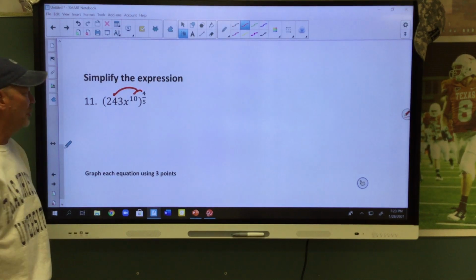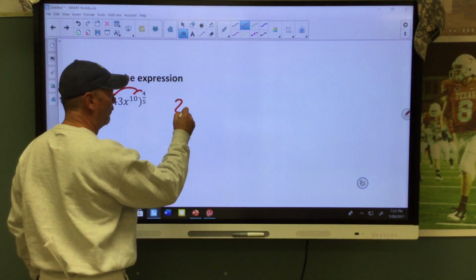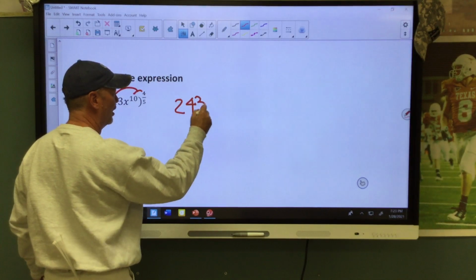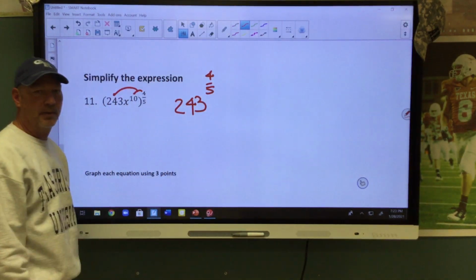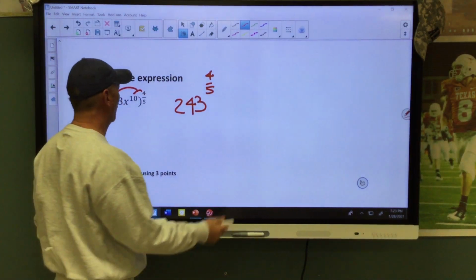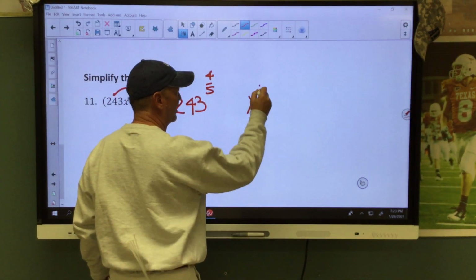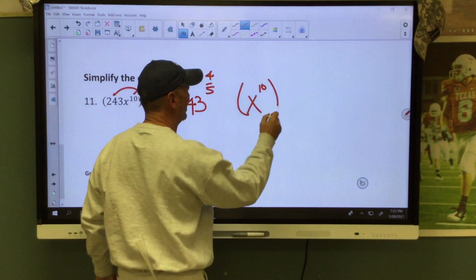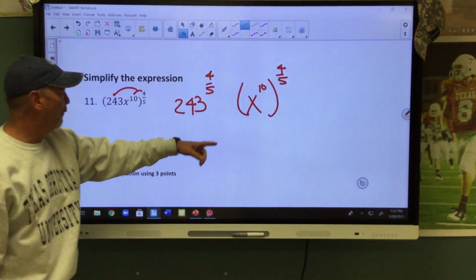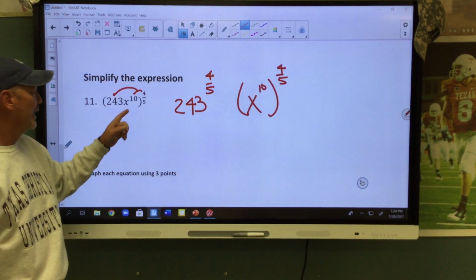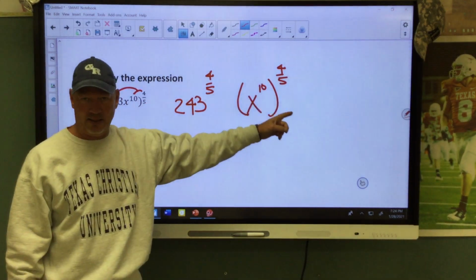So what I'm going to ask you to do is put 243 to the 4/5 in your calculator. And then we're going to come over here and we're going to say that x to the 10th is being raised also to the 4/5. Okay, because that 4/5 goes to 243 and it also goes to x to the 10th.